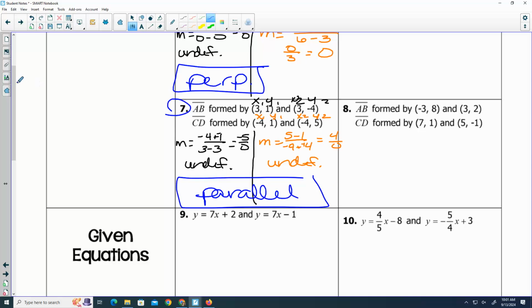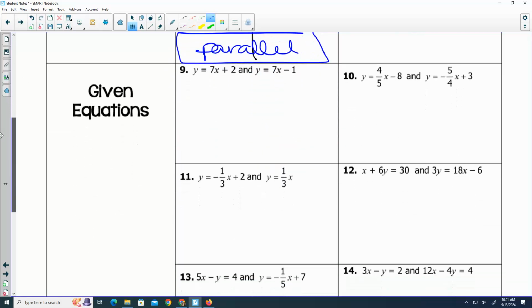Okay. Then let's try a couple where I give you the equations. If you have the equations, you just have to make sure it's in y equals mx plus b form. I actually want to do number 10. I'm going to switch over and do some evens. If I look at this first one, it's already y equals mx plus b.